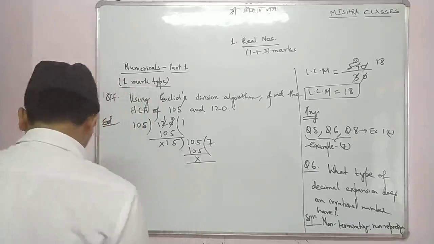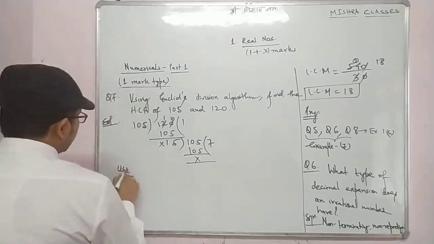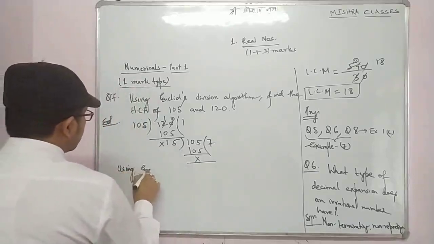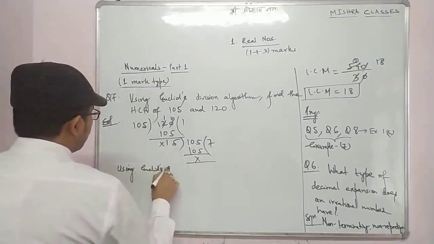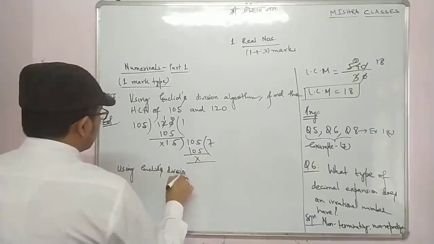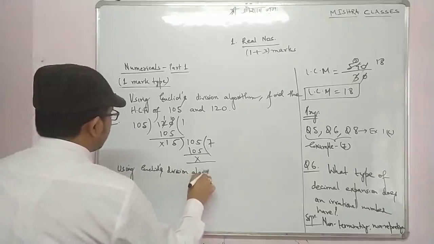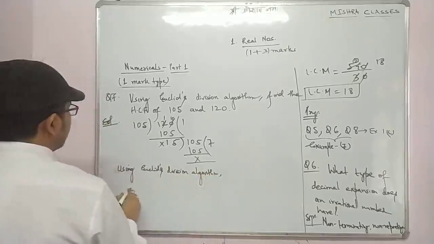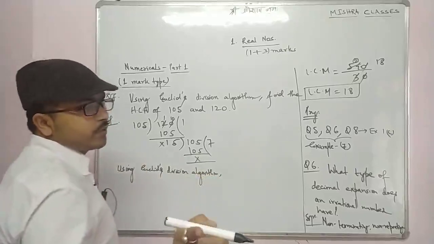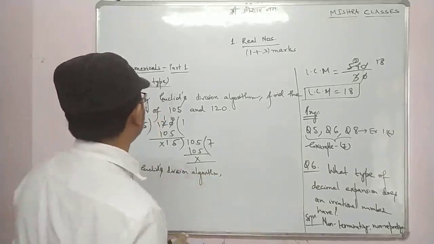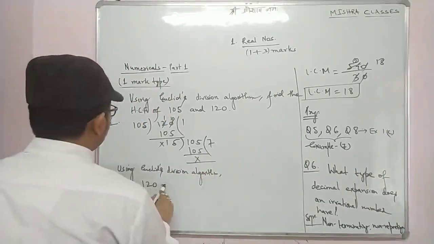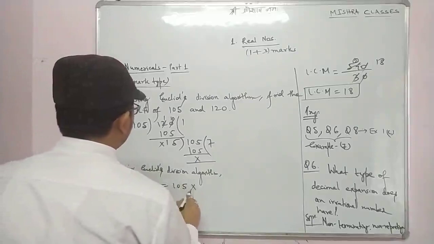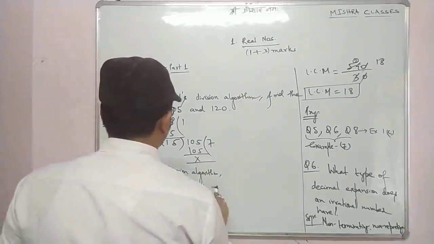So how can I write here? Using Euclid's division algorithm, we can say dividend equal to divisor into quotient plus remainder. Yes or no? So 120 equal to 105 into 1 plus 15.